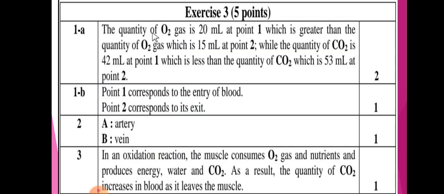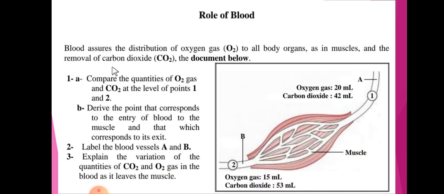So the quantity of oxygen is 20 at point 1, which is greater than the quantity of oxygen gas 15 milliliter at point 2, while the quantity of carbon dioxide is 42 milliliter at point 1, which is less than the quantity of carbon dioxide, which is 53 milliliter in point 2.